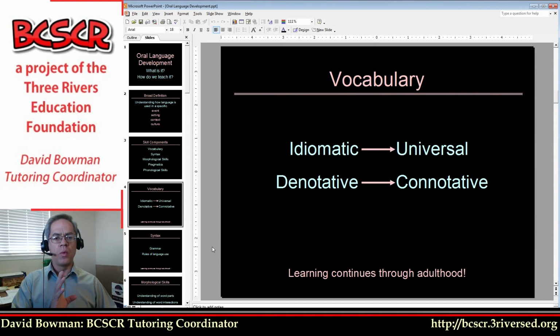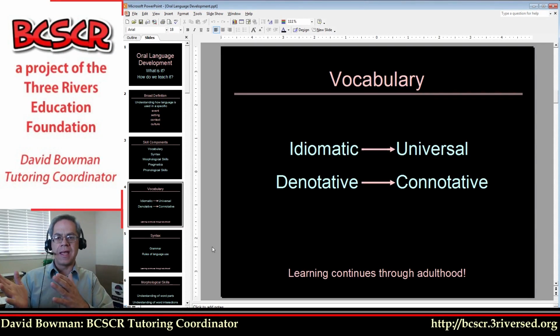Now, regarding oral language development, when we talk about vocabulary, we're really looking at a variety of spectra. We're looking at from idiomatic language, which is in this place and in this time, this word means this thing, to more universal vocabulary, which is in the general population, here's what people mean when they use this word, or here's how they generally define this particular word.